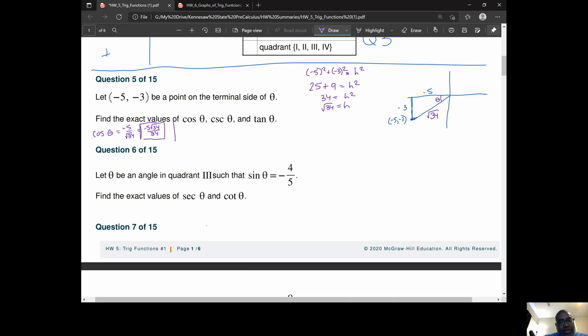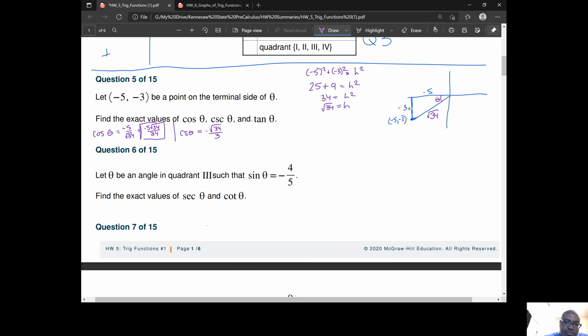They ask for the cosecant of theta. We'll find the sine and then flip it, or we're using the triangle, so it'll be easy. So cosecant of theta is equal to, if sine is opposite over hypotenuse, then cosecant is hypotenuse over opposite, which is root 34 over negative 3, the same thing as negative root 34 over 3.